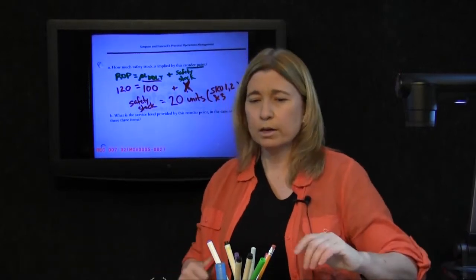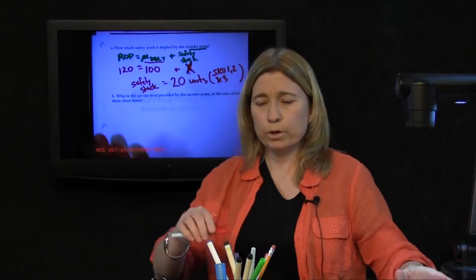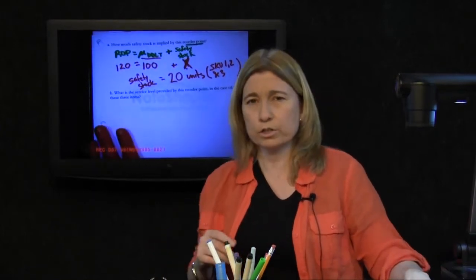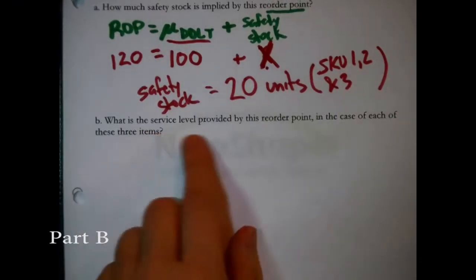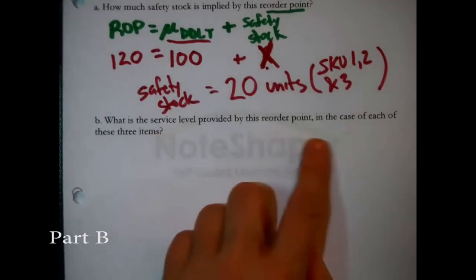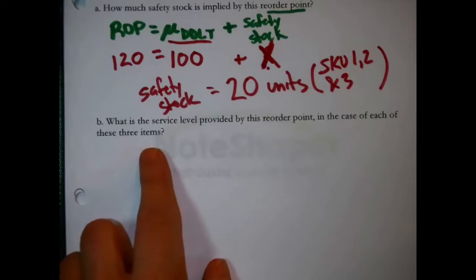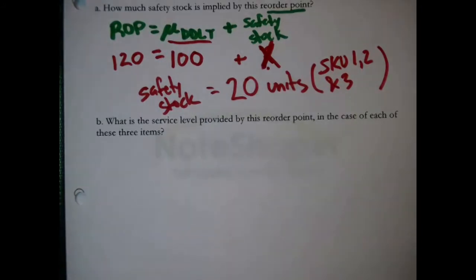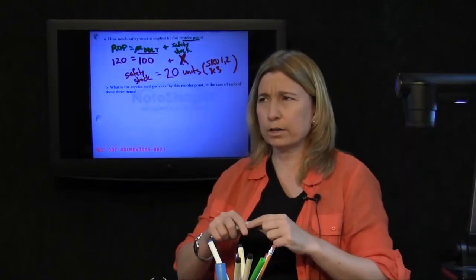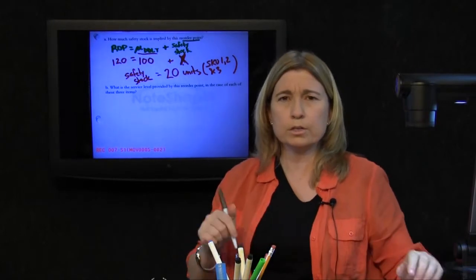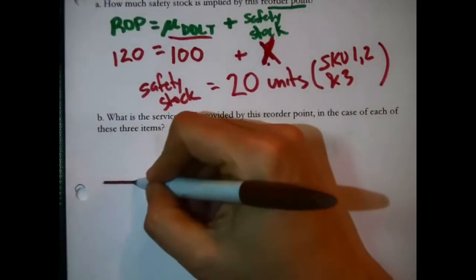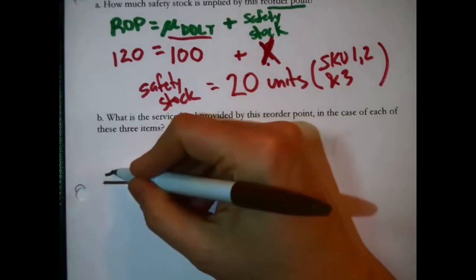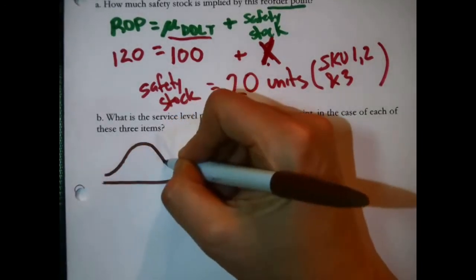Now, I wonder if we can answer the next question just as simply. It says, what is the service level provided in this reorder point in the case of each of these three items? Oh, okay, service level. I'm going to have to drop back to memory here for a moment. Now, service level, the probability that you'll have enough: demand during lead time is normally distributed.